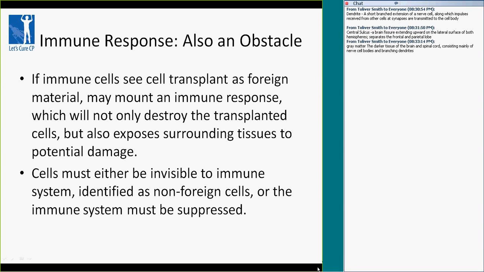And so, in essence, the cells we transplant in must either be invisible to the immune system, identified as non-foreign cells, or the immune system has to be suppressed. And of course, we don't want to suppress the immune system unless we absolutely have to, because that will expose the patient to other potential infections.